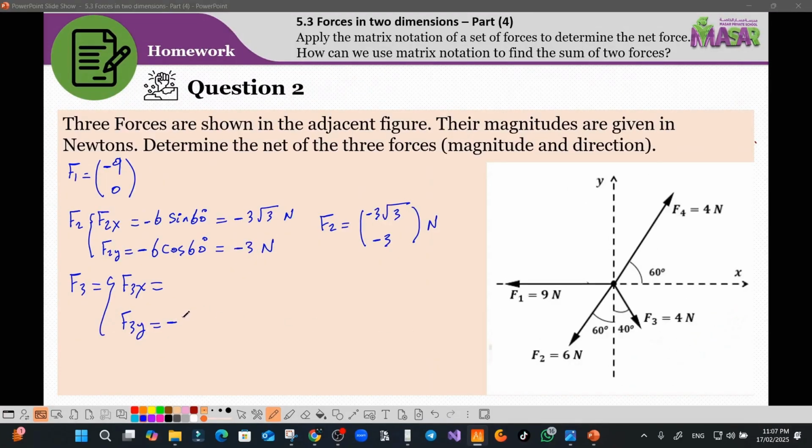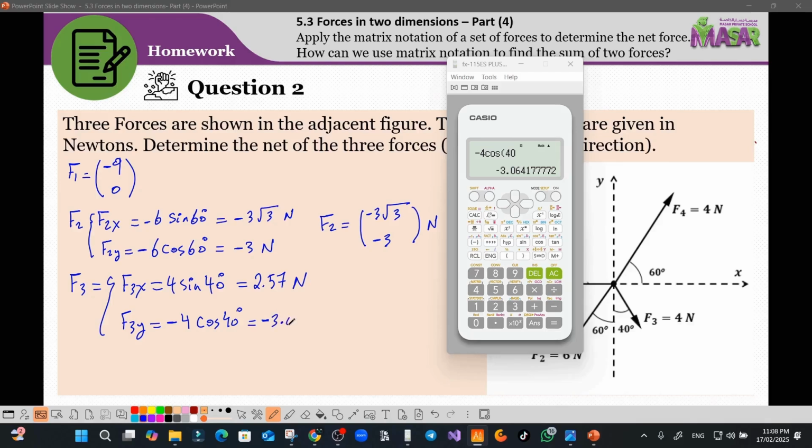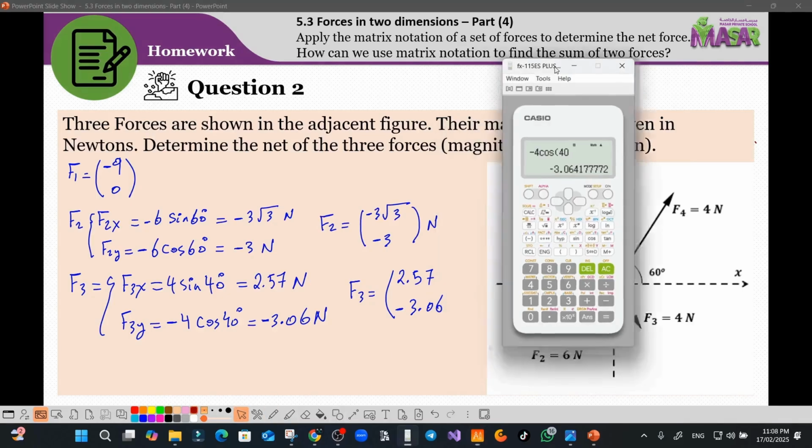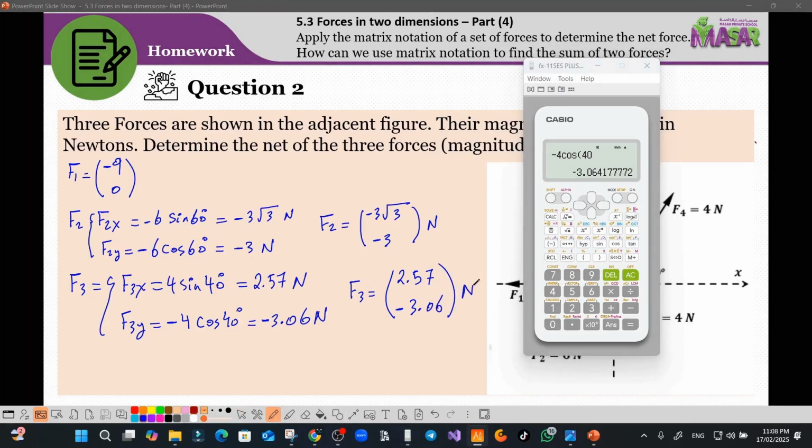So let's add minus. The F3 is 4. We need to apply the cosine here because the angle is the y type, cosine of 40 degrees, and here we have 4 sine of 40 degrees. Now the matrix notation of F3 is given by 2.57 and minus 3.06 Newton.